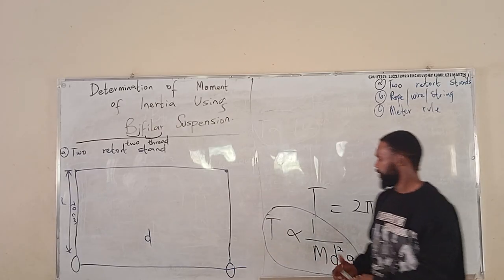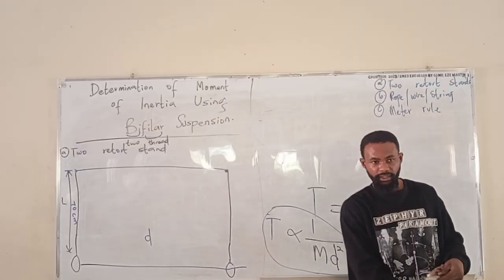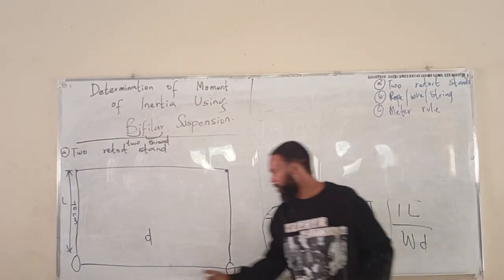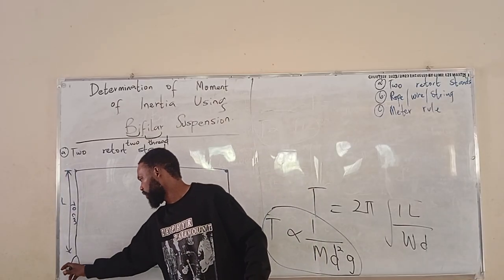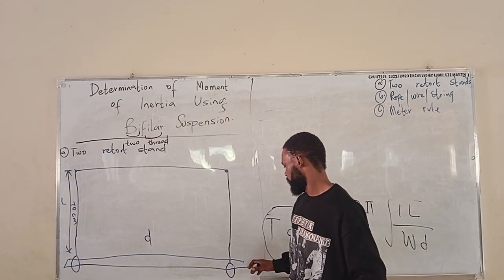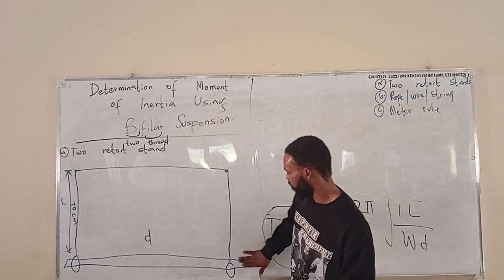So the meter rule is being placed horizontally. You get the point? It's placed horizontally. So this is my meter rule. As it passes through this, it has this nature inside. So inside that rope, I'm tying it to it.